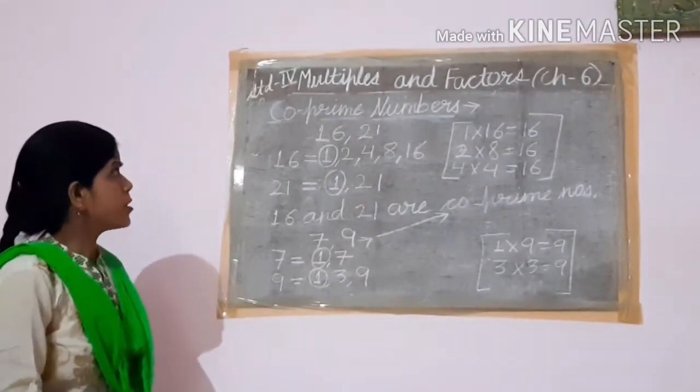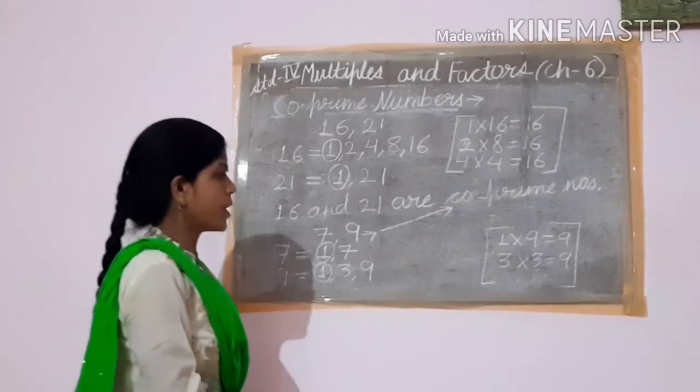So now children, how to define co-prime and twin prime?